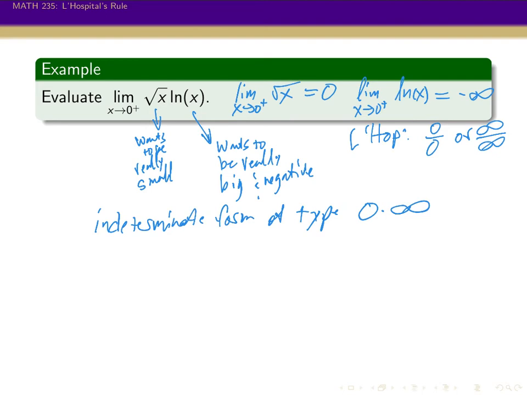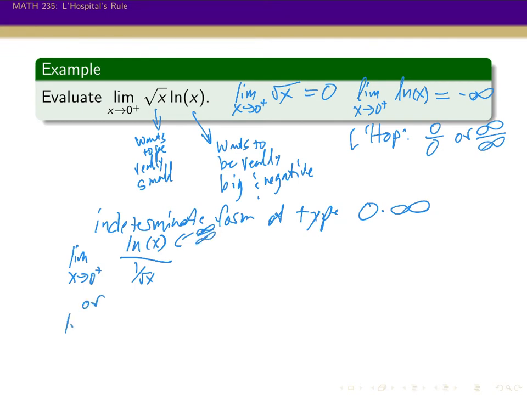And so we have two choices. We can either move square root to the bottom, in which case we'd have natural log of x over 1 over square root of x. And so now we'd have minus infinity over infinity, so this is an infinity over infinity type.